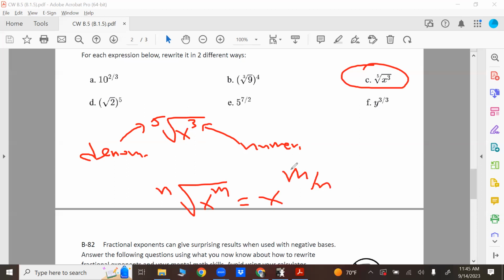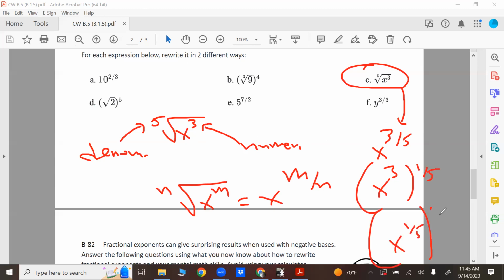So in this case, that's x to the 3/5 power. But when we have to write two ways, you could do this: x to the 3 1/5, or x to the 1/5 then cube. That's what you're supposed to write for part C. Does that make sense? We're trying to see the connection, hopefully.